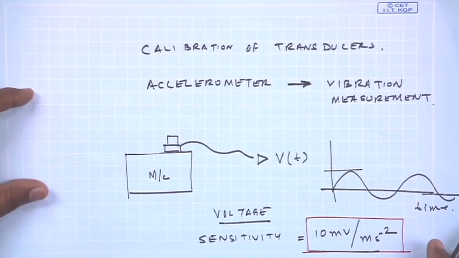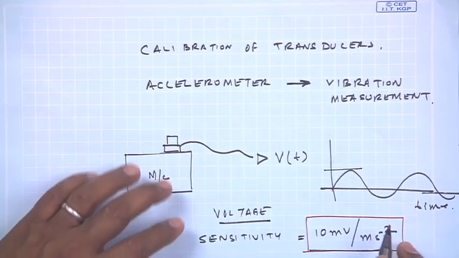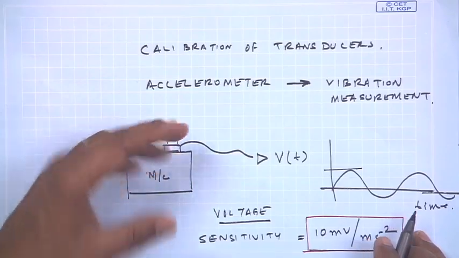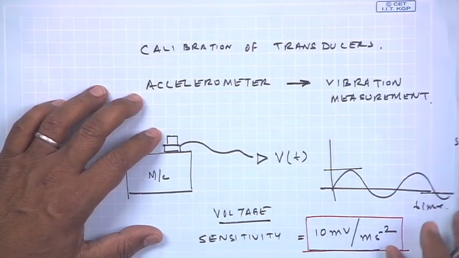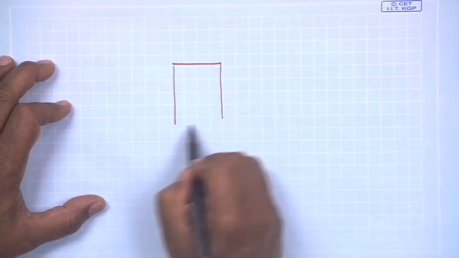Now, this sensitivity is given by the manufacturer. So, when we look into the specification sheet of the transducer, we took this value and we assumed that this is the correct value, but that may not always be correct. So, to ensure that such mistakes do not happen in the field, there is a calibrator.